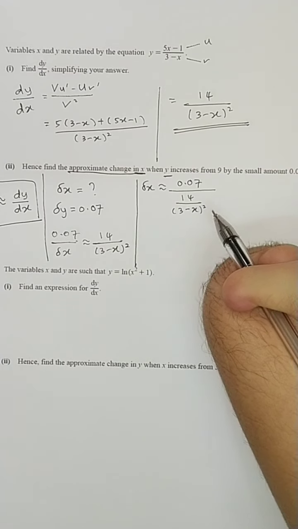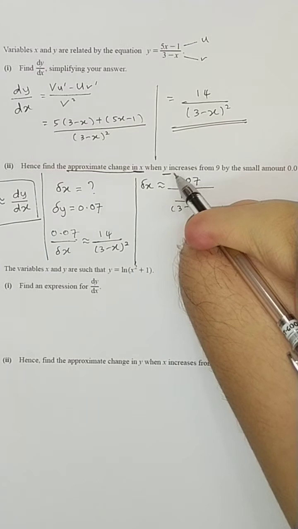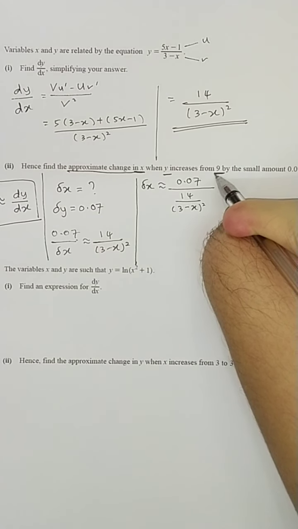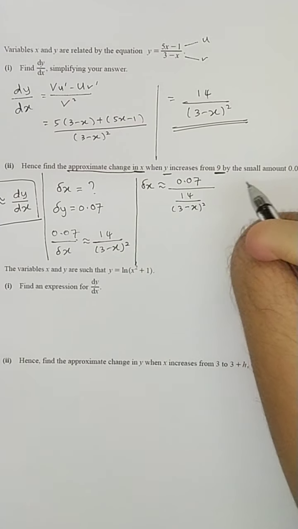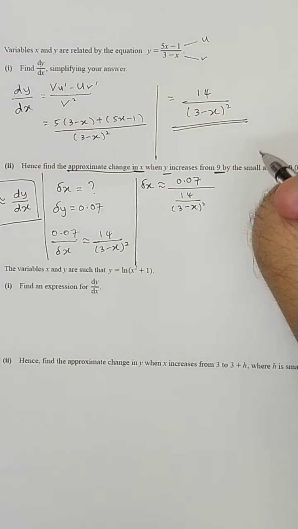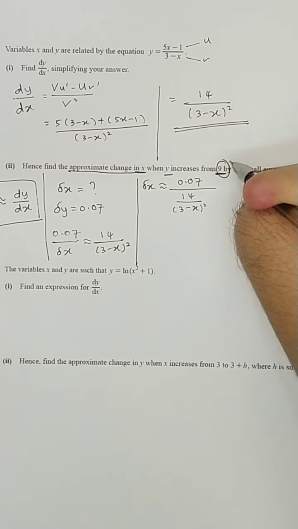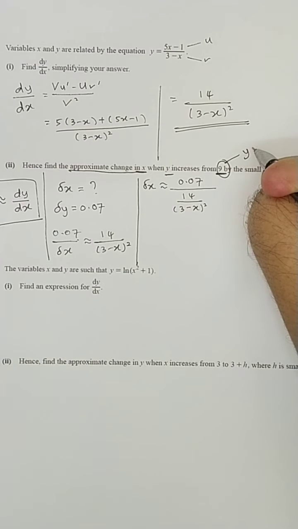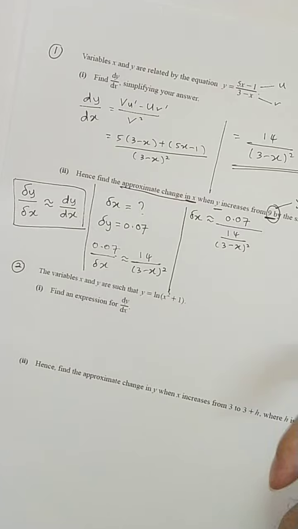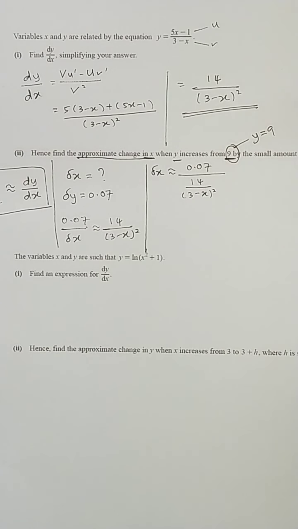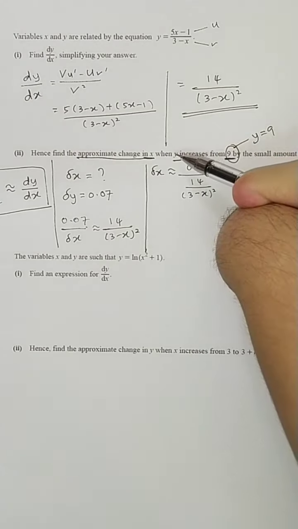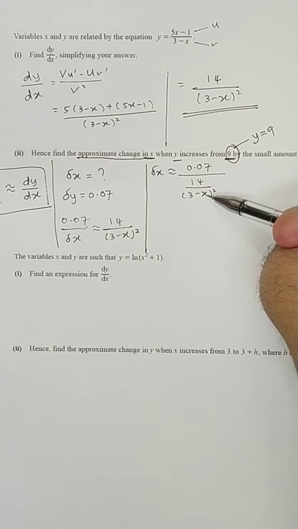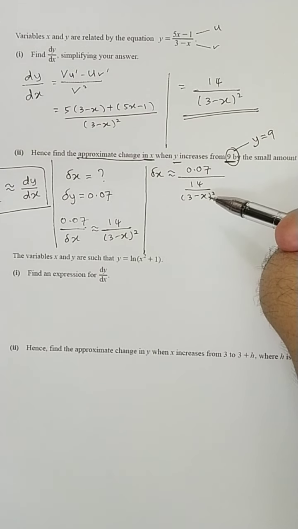If you look at the question, it says that the value of y increases from 9. So this 9 is actually the value of y. But in our delta x, we have the unknown x. How to get x?